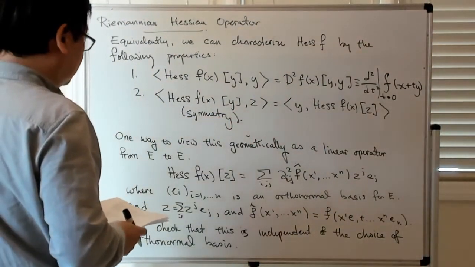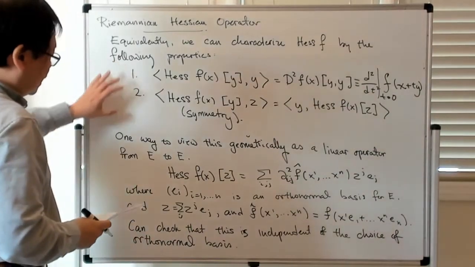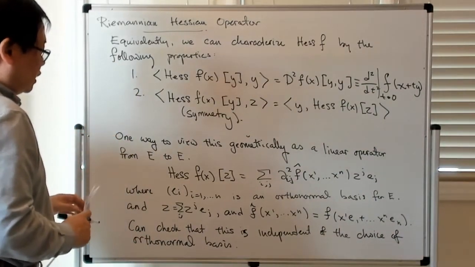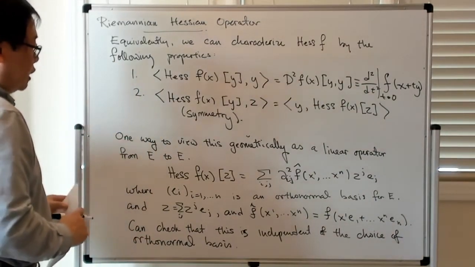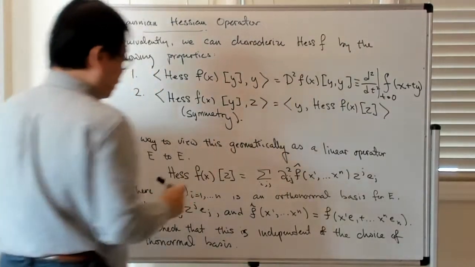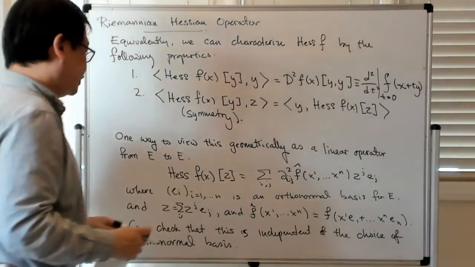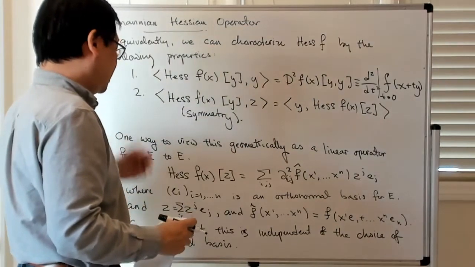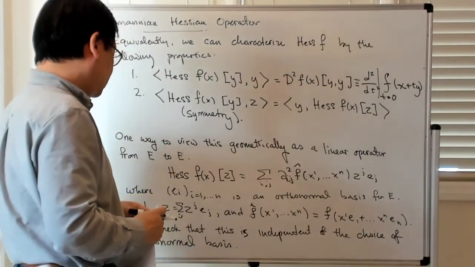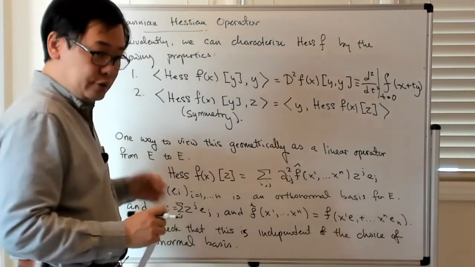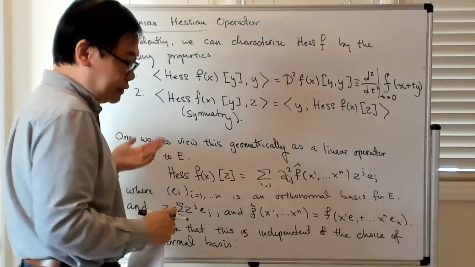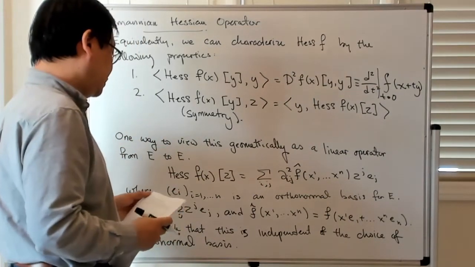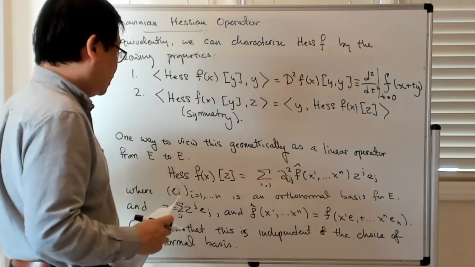So the point is that these are properties of the usual Hessian matrix, but now viewed as a linear operator from some Euclidean space to itself, as one is apt to do when you have a matrix.